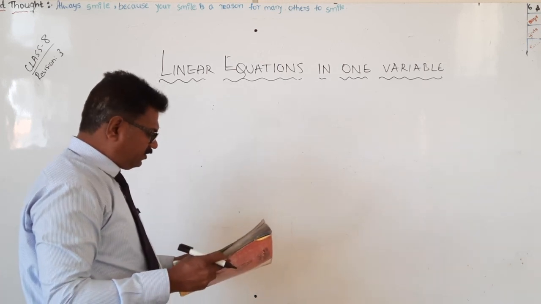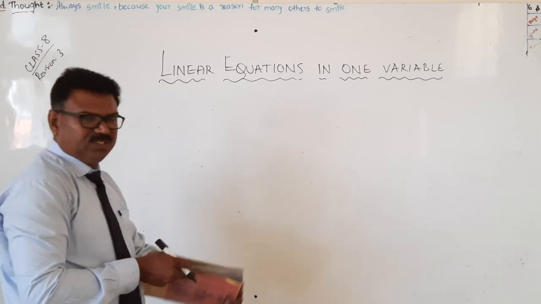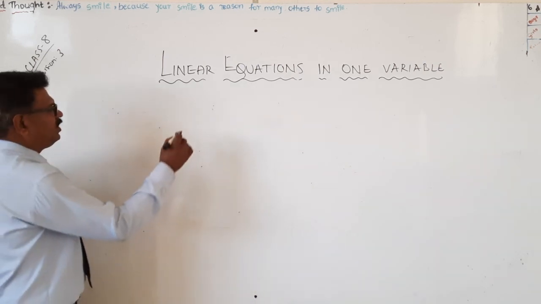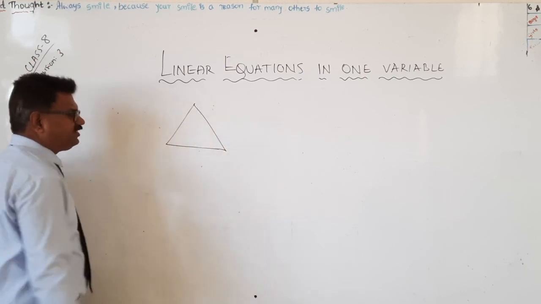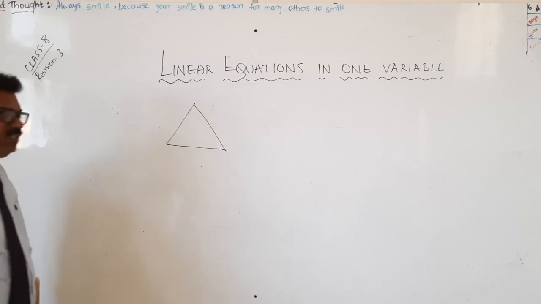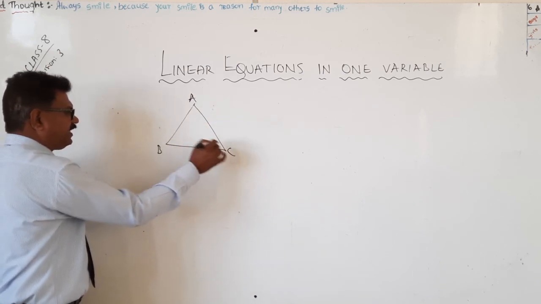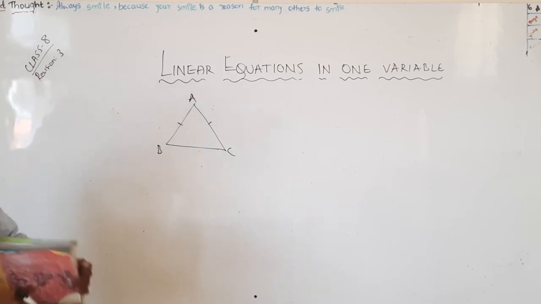The base of an isosceles triangle is 4 by 3. Do you know what is the meaning of isosceles triangle? Yes. Isosceles means any two sides will be equal. For example, ABC is a triangle, then AB equal to AC. Okay? Right.